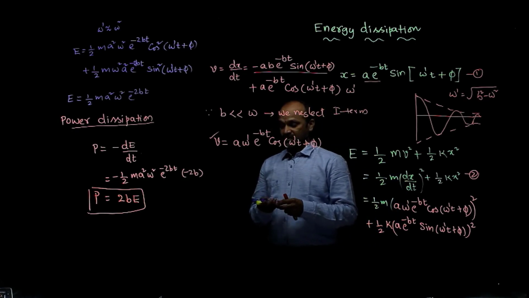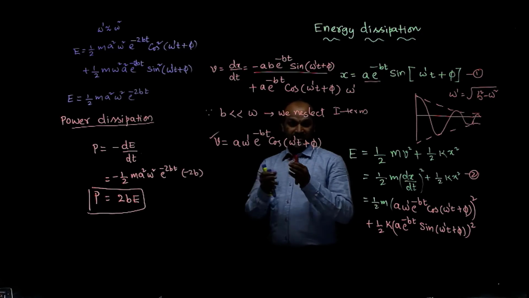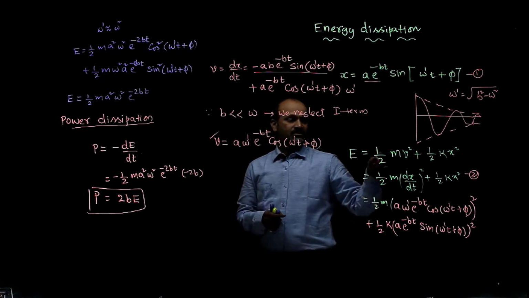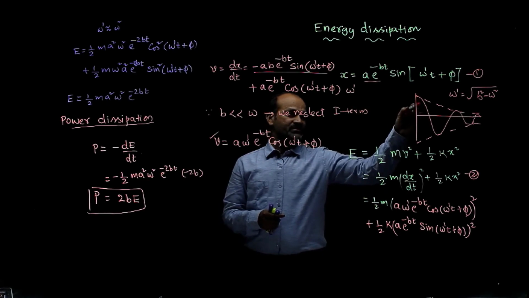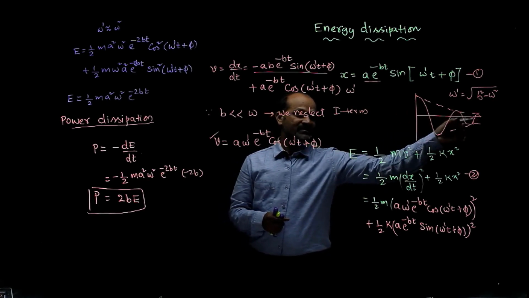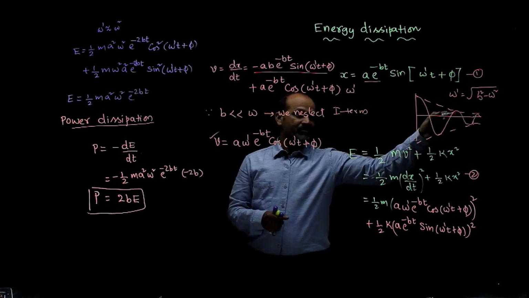Now we'll see the relaxation time, one more important one, and also we'll see logarithmic decrement. What the logarithmic decrement is: see, this is the amplitude, and how the amplitude is decreasing from here to here in one time period.